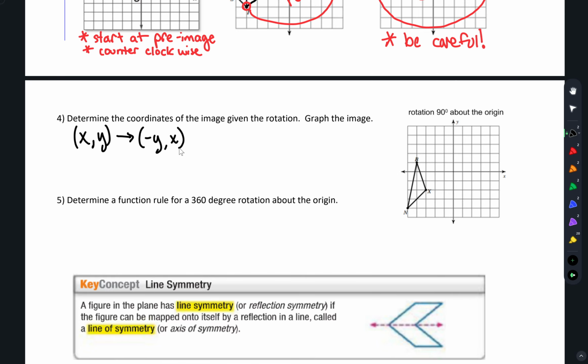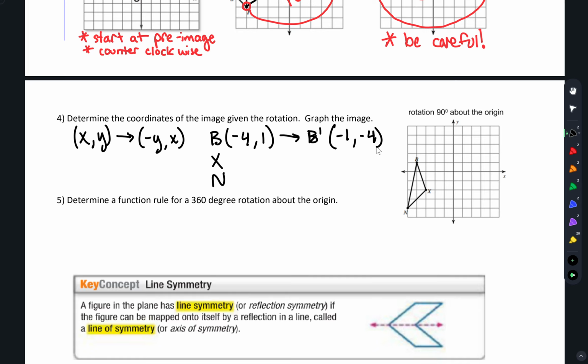That's my transformation function. So what I would do is I would take all the coordinates, B, X, N. Let's start with B. B looks like it's at -4, 1. So to get the new coordinate for B prime, I would flip the 1 and the 4 and make the first number, the y value, negative.